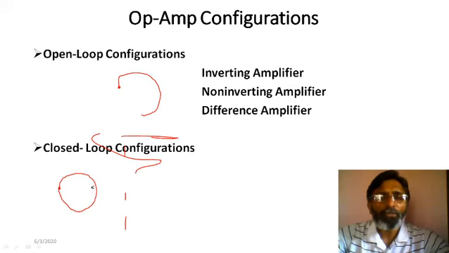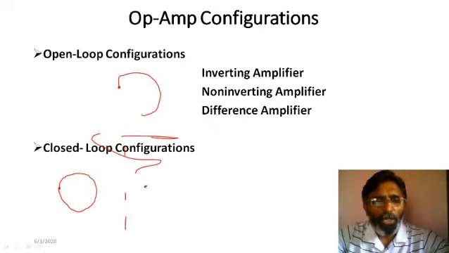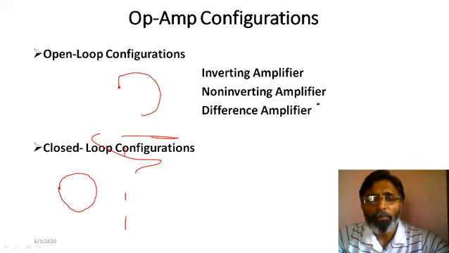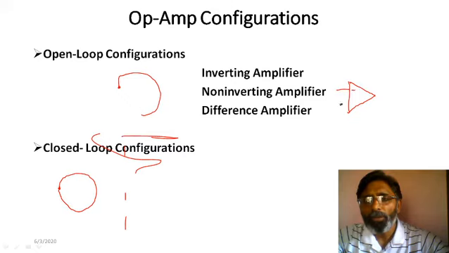Now in case of op-amp, we know its symbol is like this. It has an inverting input, a non-inverting input, and we have the output.